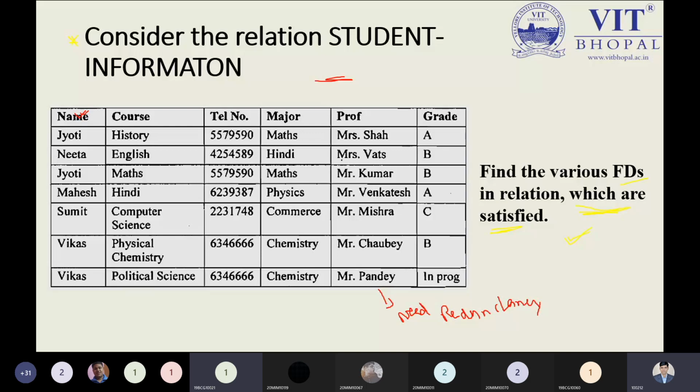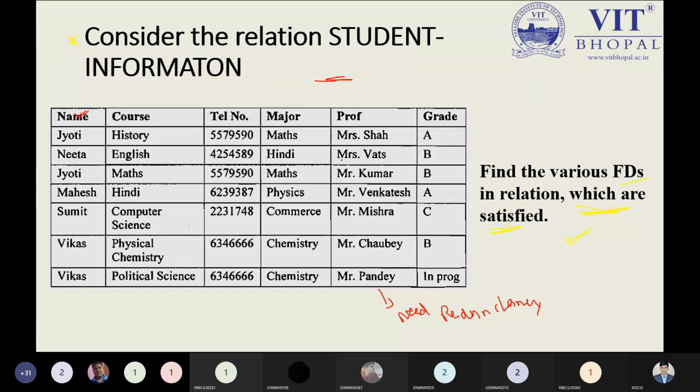Multi-valued, sir. No, multi-valued is not the point I'm saying over here. I'm saying you need to find the functional dependencies that satisfy the above relation. Functional dependency means, from the attribute perspective, what are the attributes we have, and we have to determine. So see some data and tell me right now. I'm not asking about the type of functional dependency.